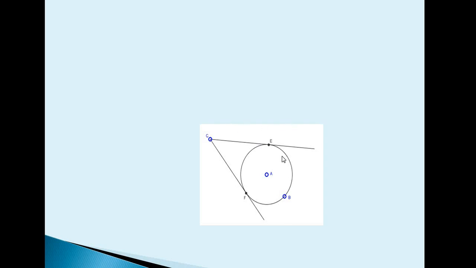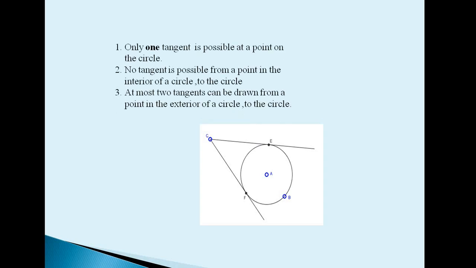So you need to remember that only one tangent is possible at a point on the circle. That means if you are drawing a tangent at point E or F which lies on the circle, or B, you can draw only one tangent, right?